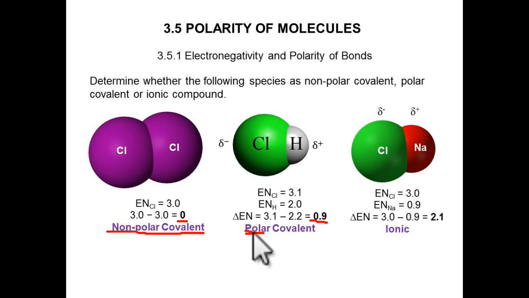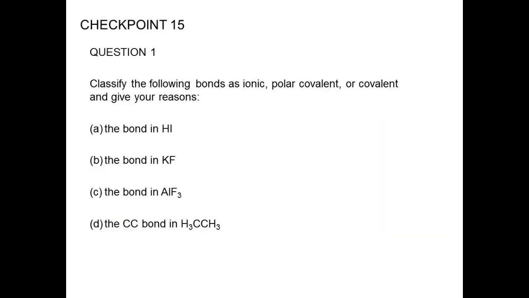It is under polar covalent bond. And when you have NaCl, you subtract the electronegativity values and you get around the ionic bond range. Please have a look. So that's how you determine whether a molecule is polar, non-polar, or ionic according to the difference in electronegativity value. So let's move to the next slide.